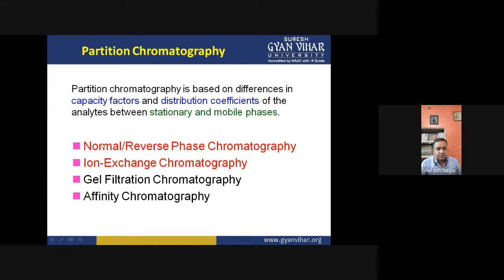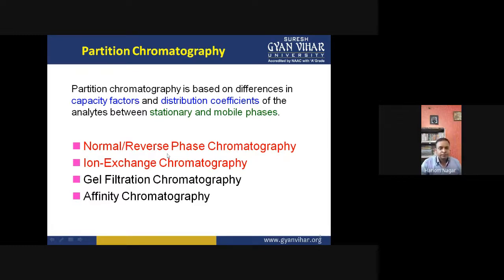Now, among these chromatographic methods, we are discussing especially the liquid-solid method, and here we will discuss the HPLC method. In HPLC, we can perform the method in two ways. First is normal phase chromatography, and second is reverse phase chromatography.